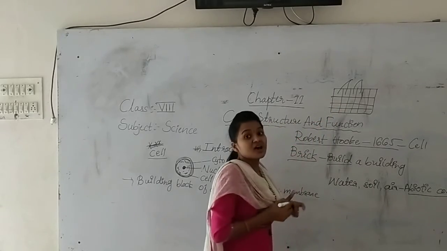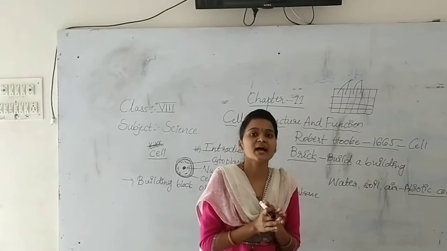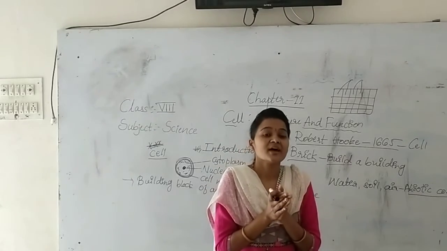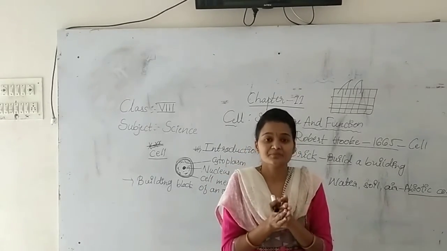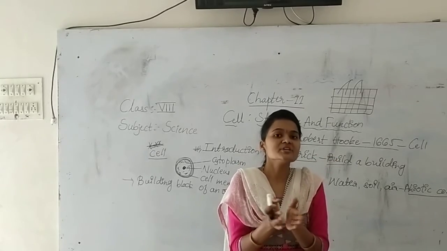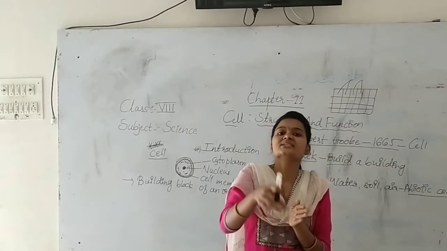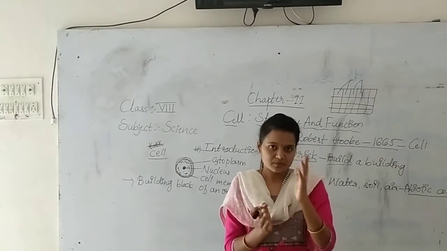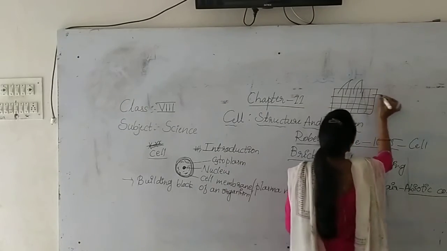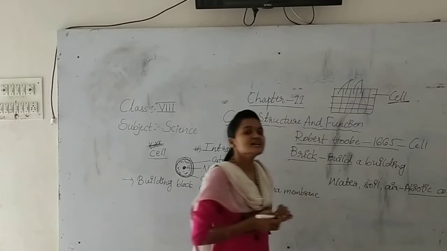These boxes he observed under the magnifying microscope. When he saw the slice of cork under the microscope, he observed box-like structures. Then he named that box a cell.